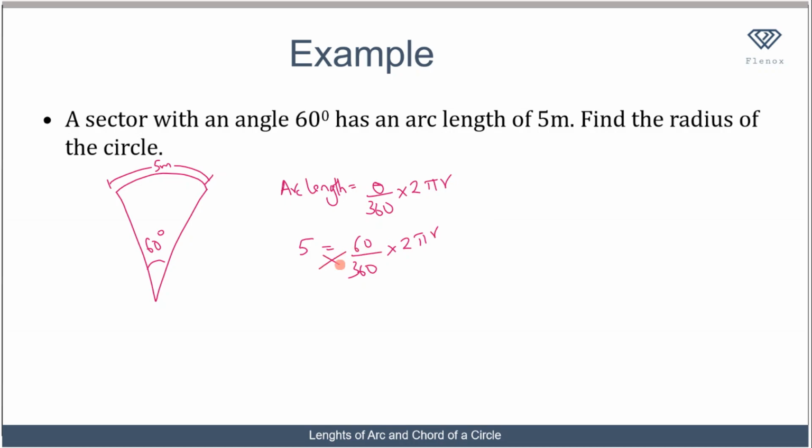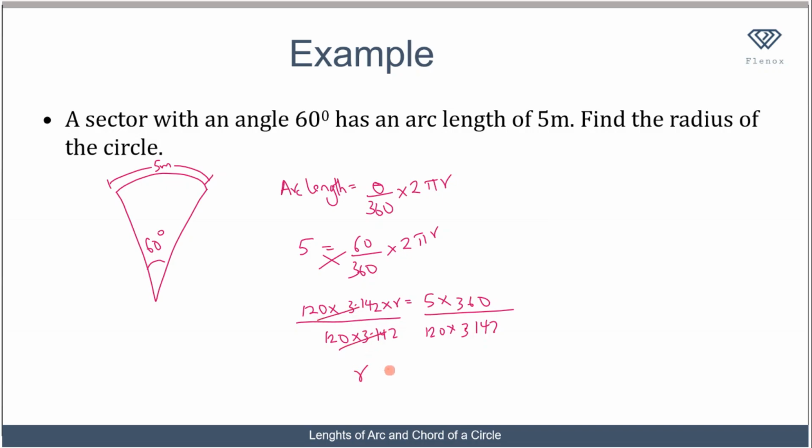Now if I cross multiply, 60 times 2 gives me 120 times pi, which is 3.142, times my radius equals my 5 times 360. Now if I divide both sides by 120 times 3.142, this cancels this.